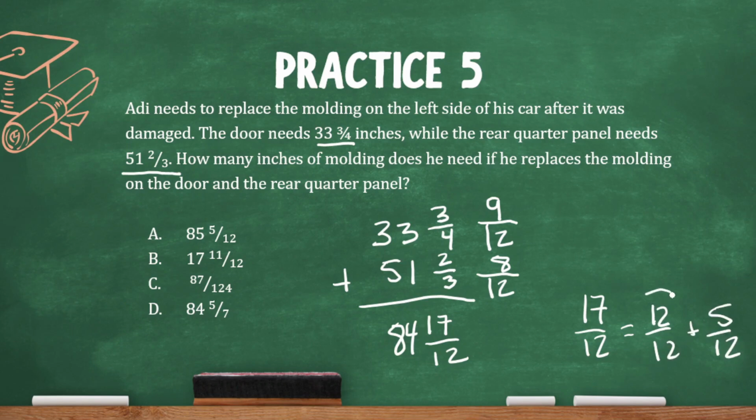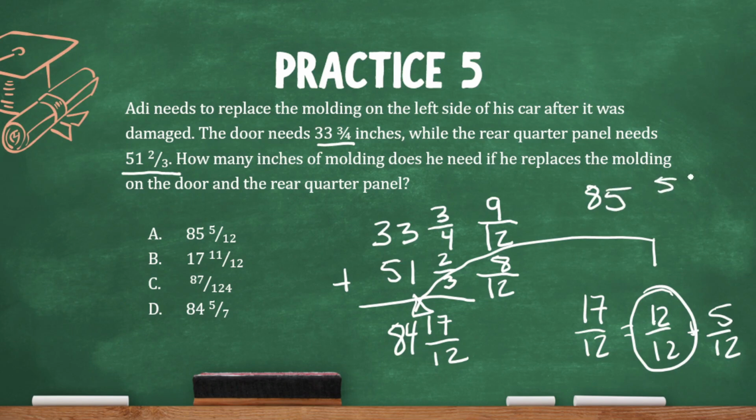And let's remember that 12/12 is just 1, right? So if I take that 1 and add it to the 84 here, I'll have 85, and then I'll have the 5/12 left over. So my answer is A.